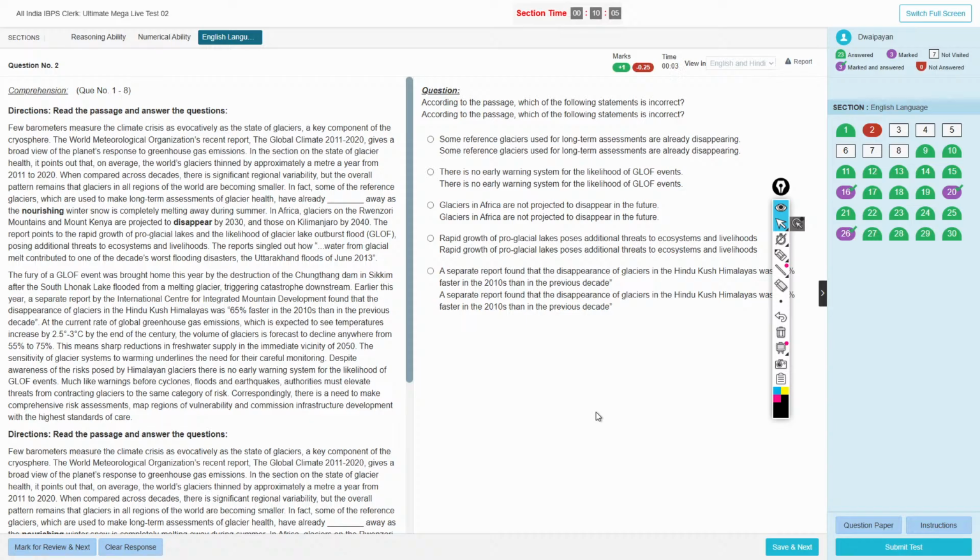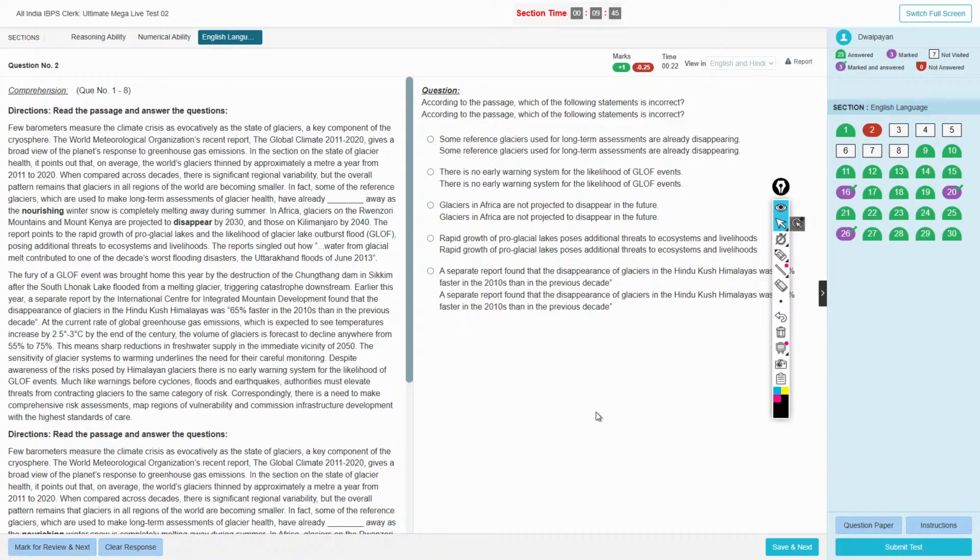By 2030, and those on Kilimanjaro by 2040. The report points to the rapid growth of pro-glacial lakes and likelihood of glacier lake outburst, posing additional threats to ecosystem and livelihood.